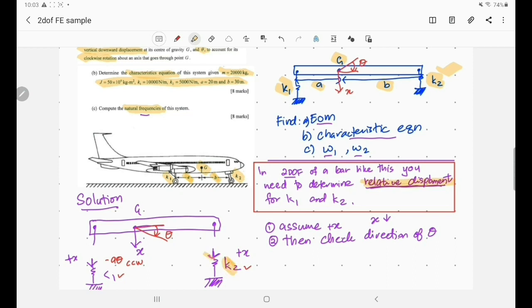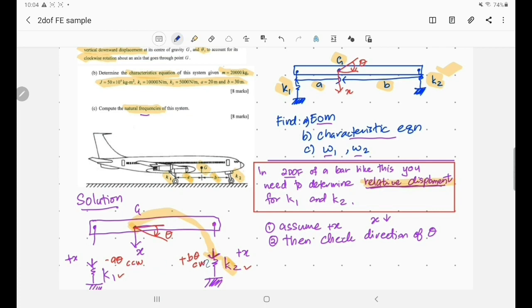You can see the arrowhead is going downward like this, but from your point G to this arrowhead, it's actually clockwise. So it's good that it is positive then. So the distance from here to here is b, positive b theta, because it's clockwise.